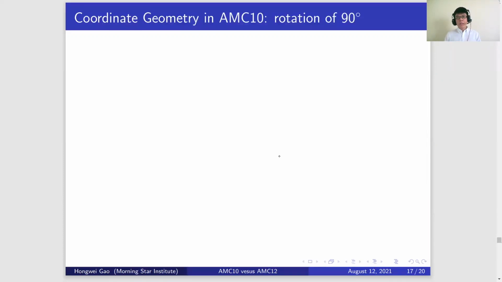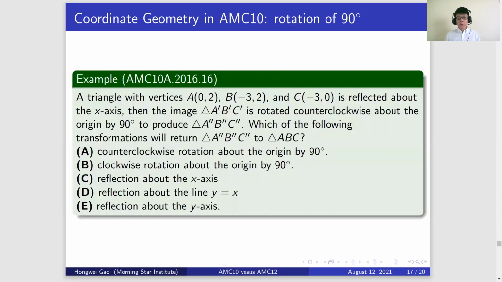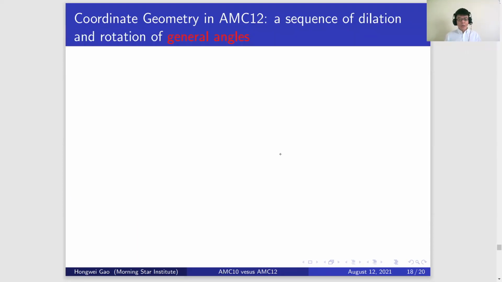In the third set of examples, I'd like to briefly mention coordinate geometry related to rotations. In AMC10, all rotations, either clockwise or counterclockwise, are always of 90 degrees. Here is one example. In contrast, the rotations in AMC12 are more general.